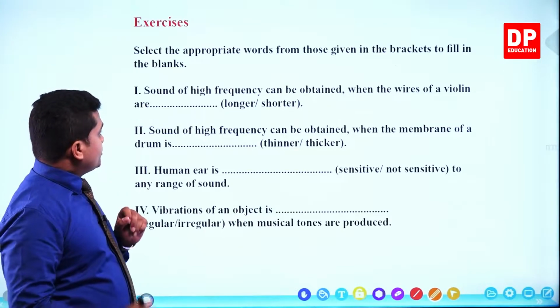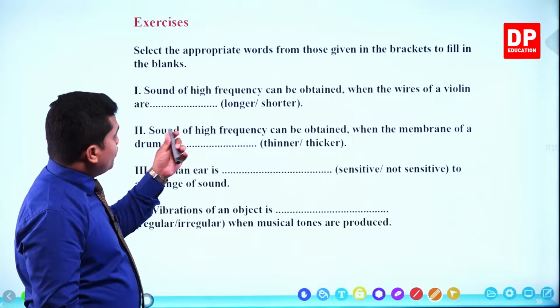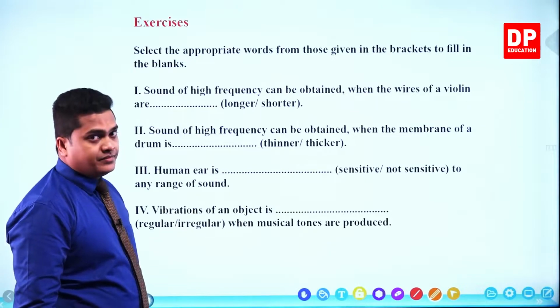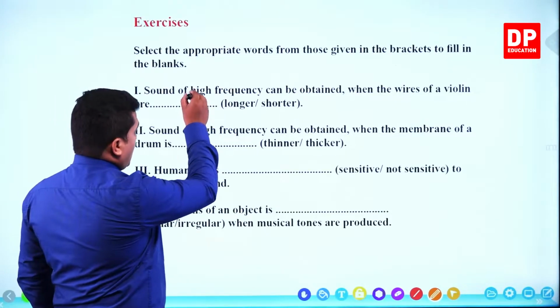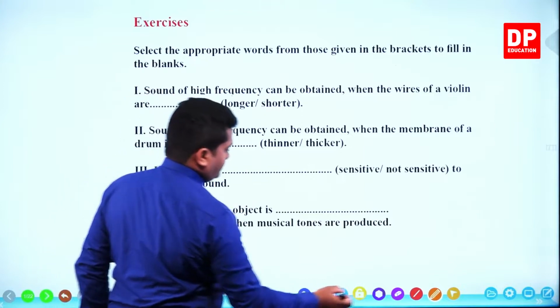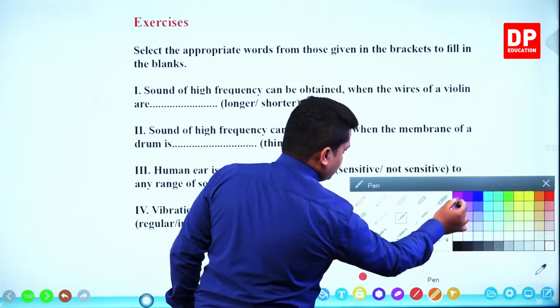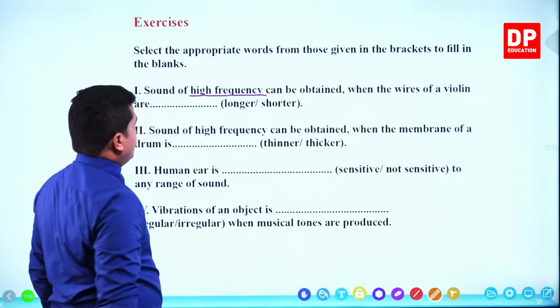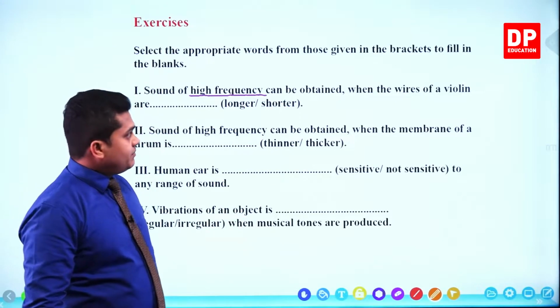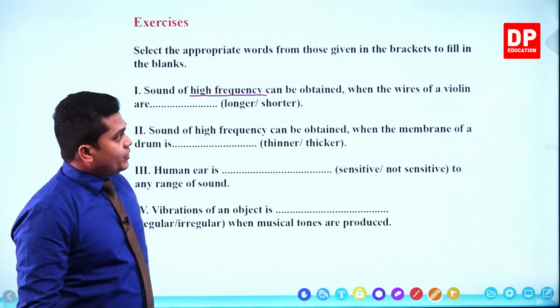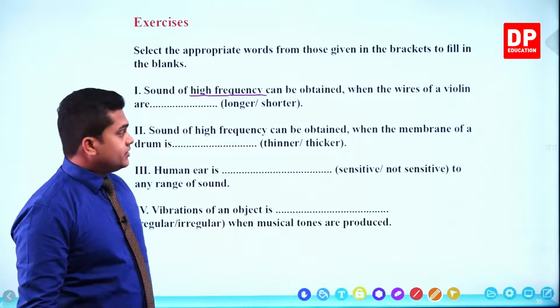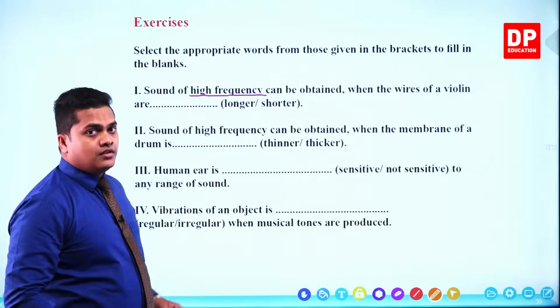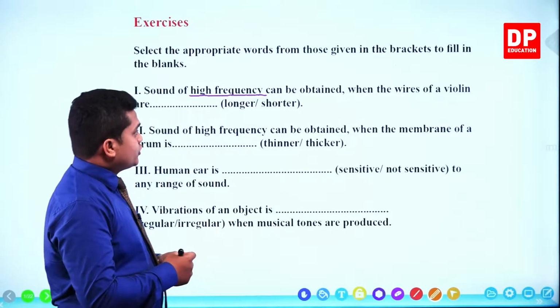In the first question: sound of high frequency can be obtained when the wires of a violin are blank.